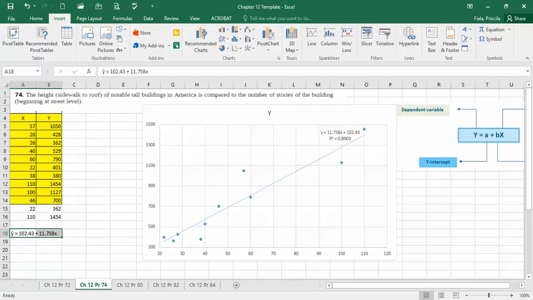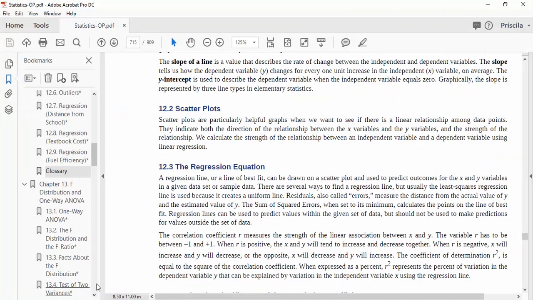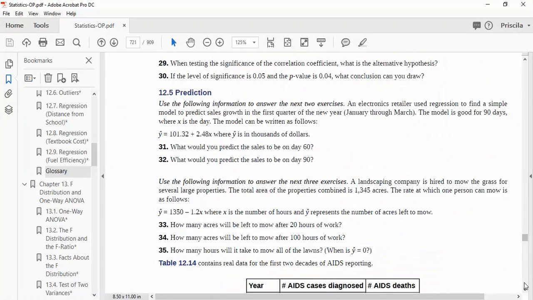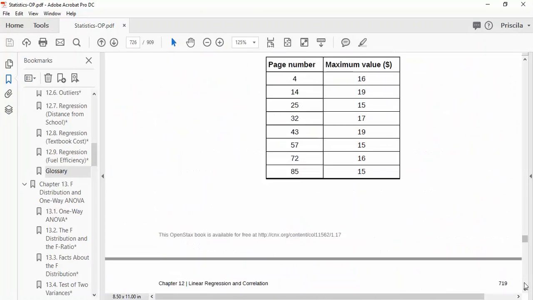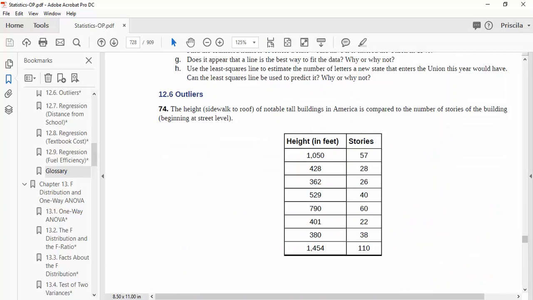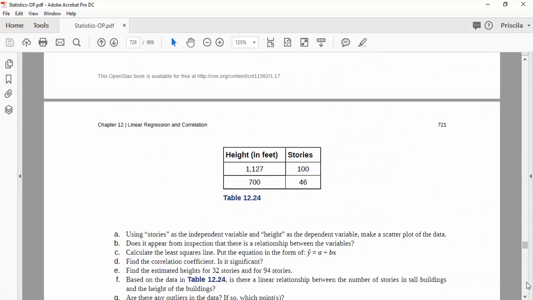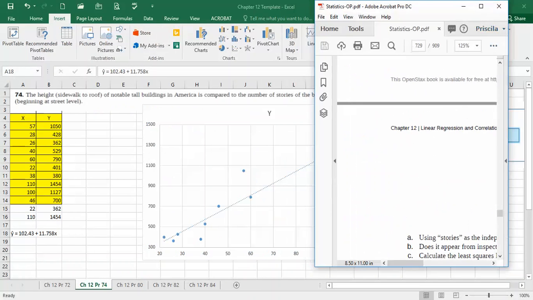So let's go to the questions and start answering the questions for problem 74, since we already started with all that, right? 74. Here we go. So I have put the data, right?